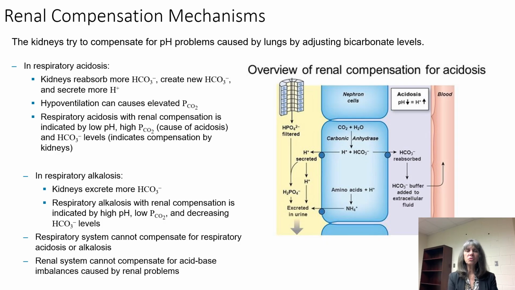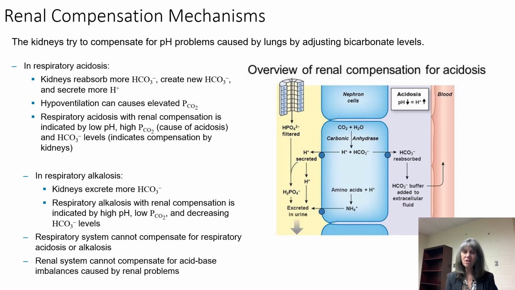With respiratory acidosis with renal compensation, what we see is low blood pH, high partial pressure of carbon dioxide, that's the cause of the acidosis, and high levels of bicarbonate, which indicates that the kidneys are compensating for the respiratory acidosis.